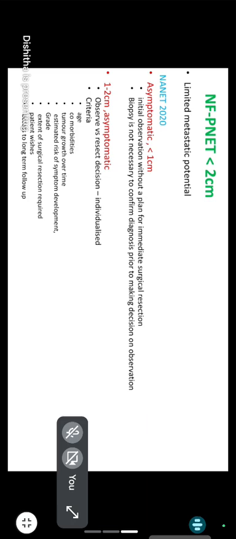So like that, we can decide on various factors like estimated risk of symptom development, grade of the disease, extent of the surgical resection that is required if at all we are resecting, what are the patient's wishes, and how is the access to long-term follow-up. If the patient is coming from a very interior place, he might not be able to come for every 3-month follow-up. In that case, if surgery is not extensive, we can opt for resection.